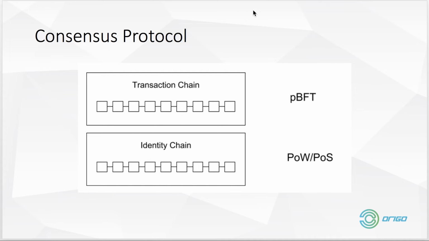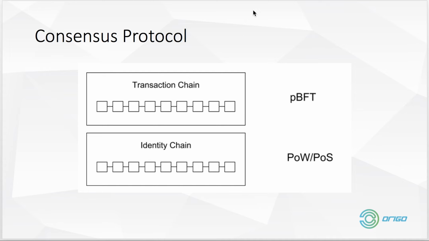And there's another chain, which is the identity chain. I will explain later. The identity chain is different from the transaction chain. It doesn't need to validate whether a transaction is correct or not. But it's still a blockchain, maintaining all of the identity information for the validators.